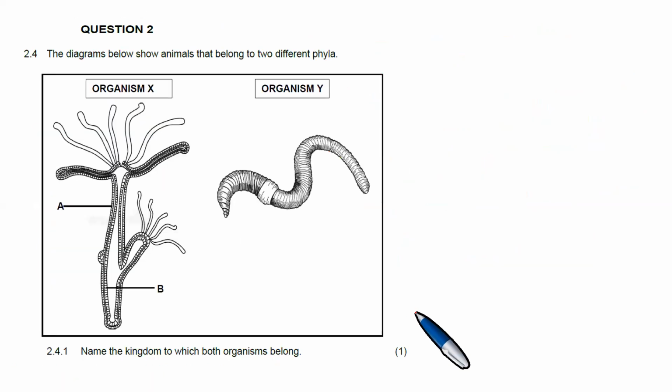The next point is about the diagrams below, which show animals that belong to different phyla. We have an organism X and an organism Y. These diagrams show animals that belong to different phyla.